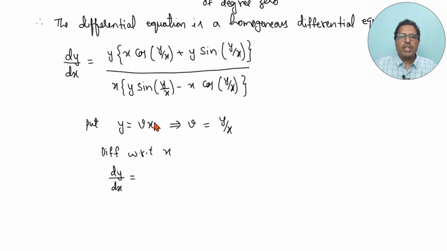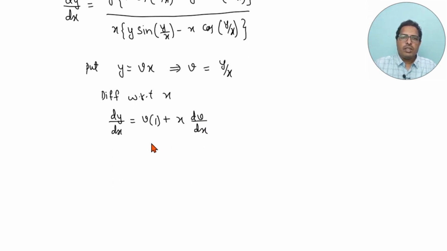on the right hand side we have the product v into x. So let us use the product rule over here. v into differentiation of x will be 1. x into differentiation of v with respect to x will be dv by dx. Therefore, we have dy by dx is equal to v times 1, which is v, plus x into dv by dx.